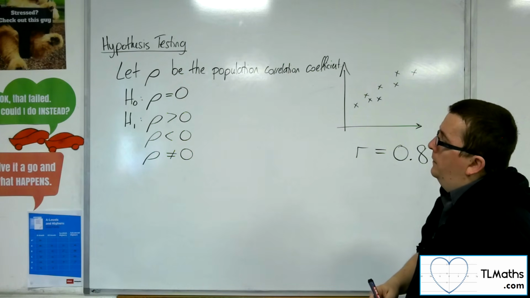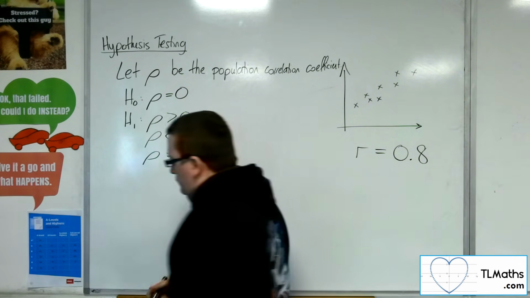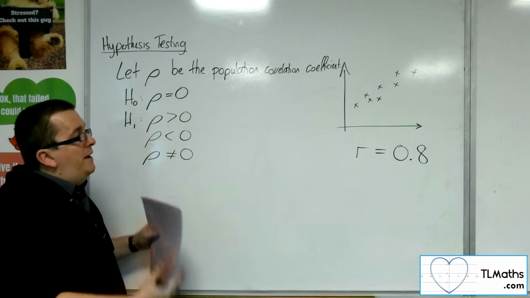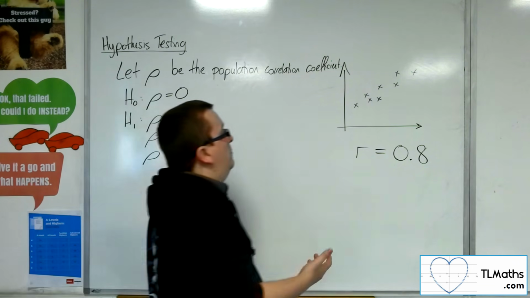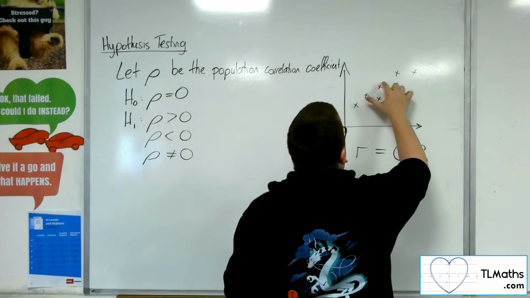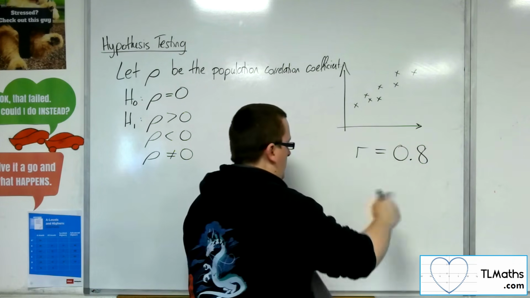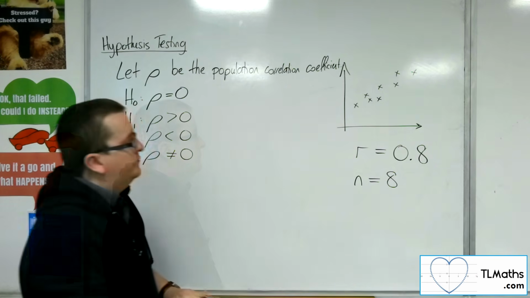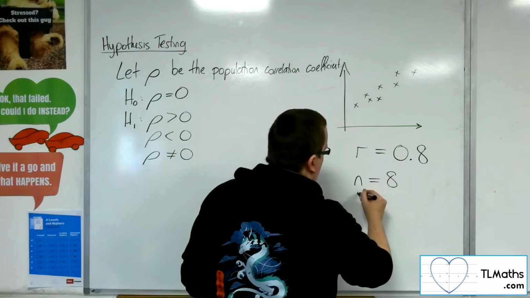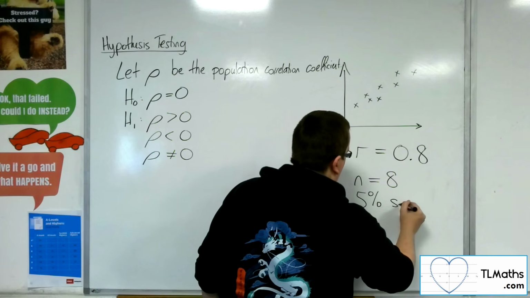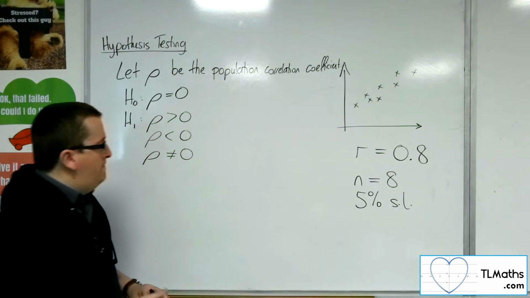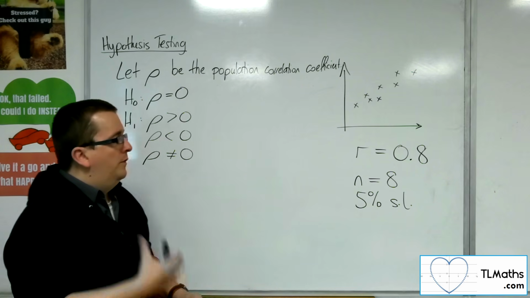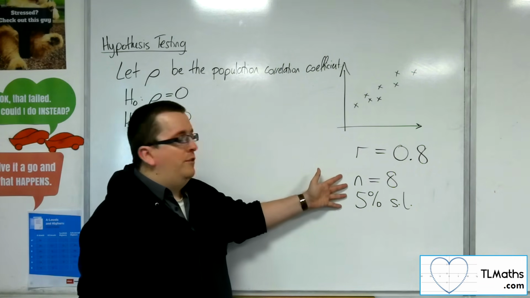Then you would have your sample. The sample size here is 1, 2, 3, 4, 5, 6, 7, 8, so n is 8. And let's say that there is a 5% significance level.